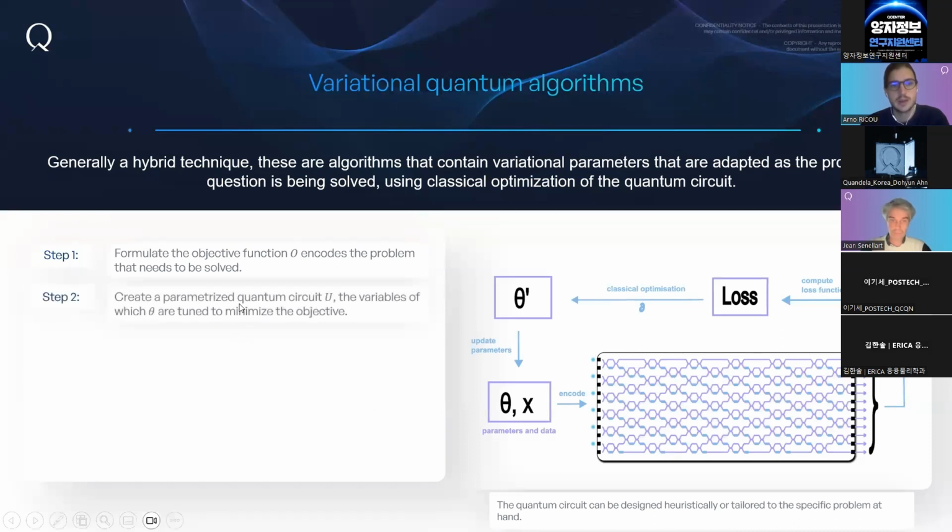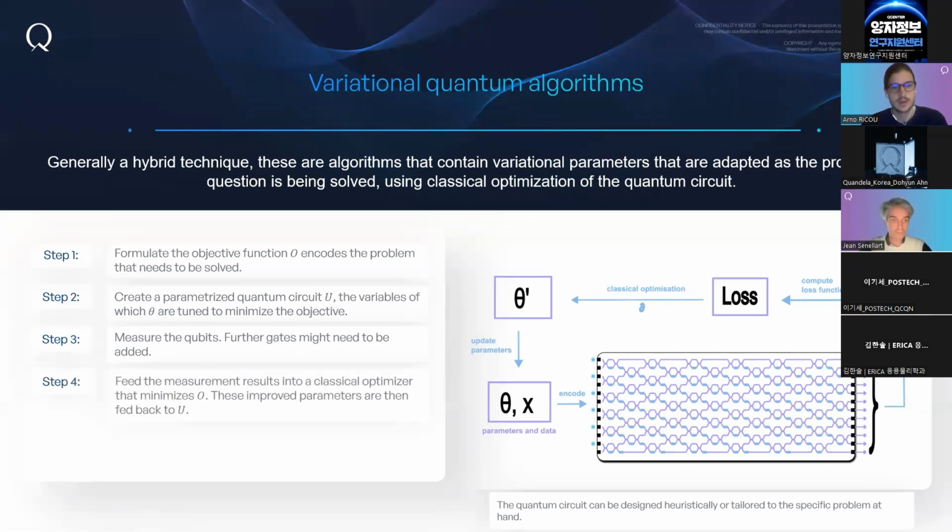And then we create a parameterized quantum circuit U with a bunch of variables. Here they're represented by this blue box and are mathematically named theta. Once we see that this function f depends on theta, we compute the loss function and minimize this objective with theta, which leads us to a new theta called theta prime that is updated in the circuit.